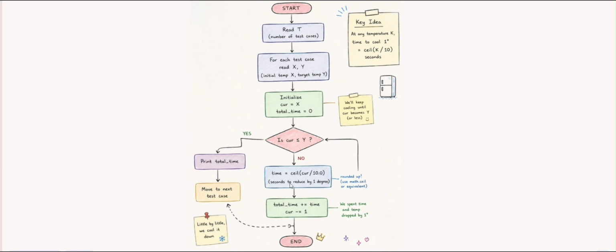We will add this time into our total time, and then we will again check whether current is greater than Y or not. If the answer is no, then we will print our total time, otherwise we will continue with our algorithm. So this was all about the flowchart.